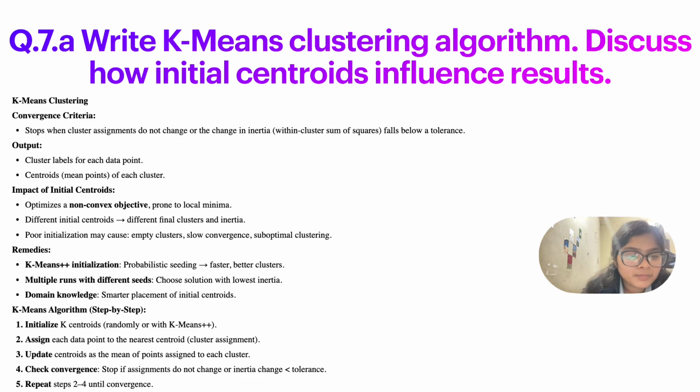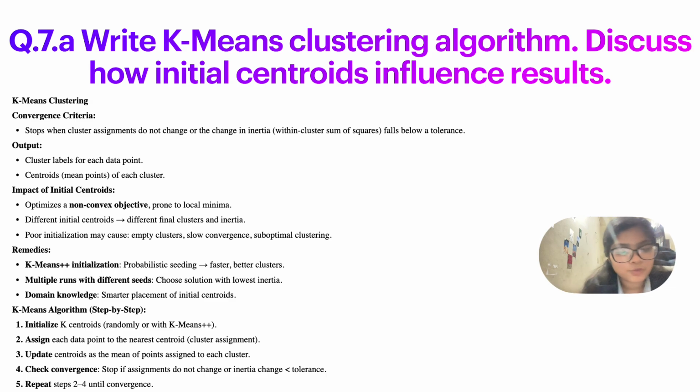K-means algorithm, which I explained just a few minutes ago. Again, let's recall that we first initialize k centroids, and then we assign each point to the nearest centroid, and then we update the centroid as the mean of the points assigned to each cluster. Actually, we calculate the mean of the points assigned to each cluster.